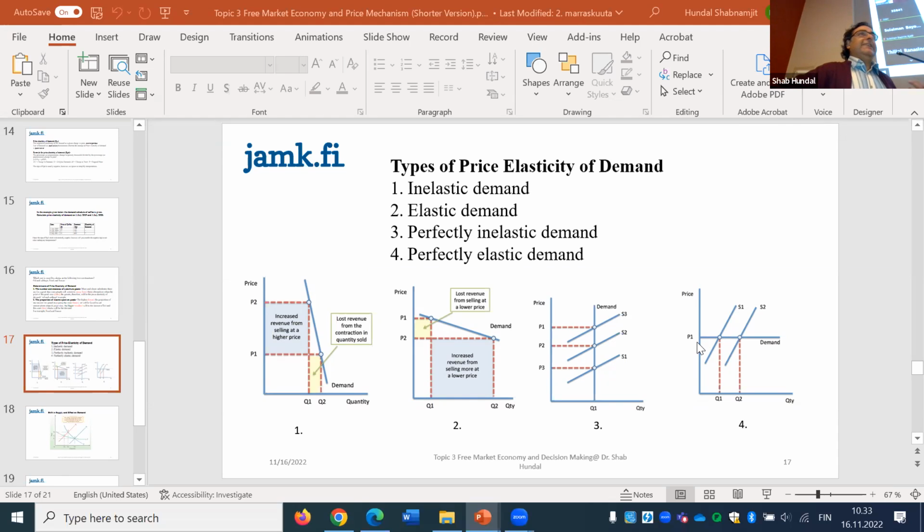You see, it's super ultra sensitive case when a minor fall in the price and demand becomes infinity. Look at the demand curve, it's going straight away. And there's a minor increase in the price, people stop consumption altogether.